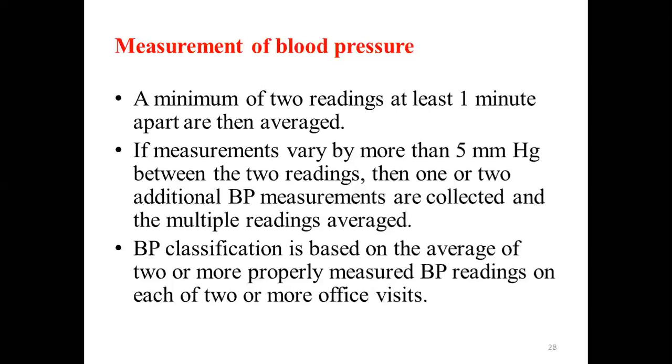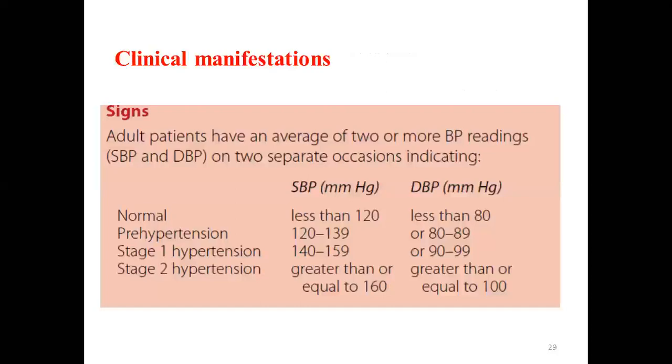So this should be indicated in principle so that you can get accurate results. Okay. Then classification should be based on the average reading. That is the most important common recommendation.